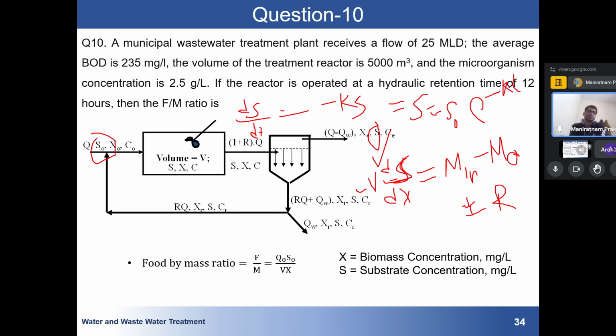So some type of reaction is happening based on this equation.